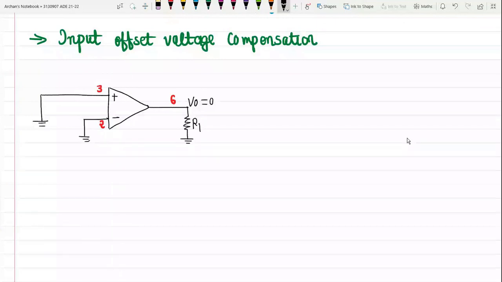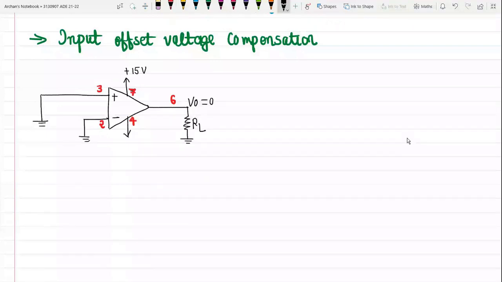Now we need to provide some positive and negative supply voltage. The pin at which we are providing positive supply voltage is pin number 7, and the pin at which we are providing negative supply voltage is pin number 4. Here at pin number 4 we are providing negative 15 volts.